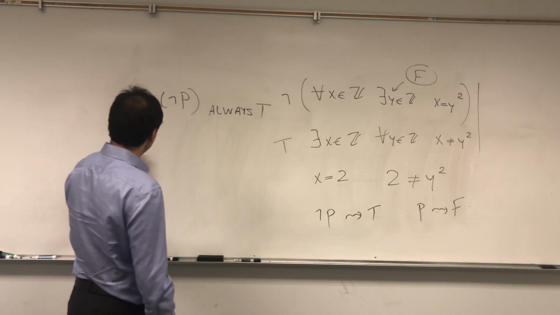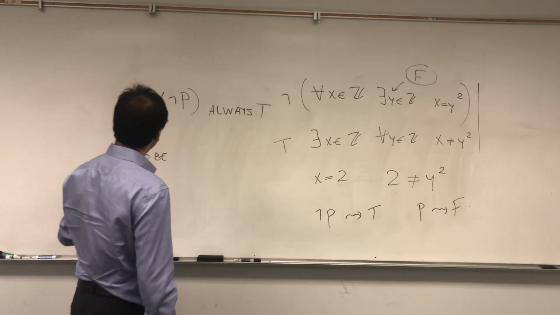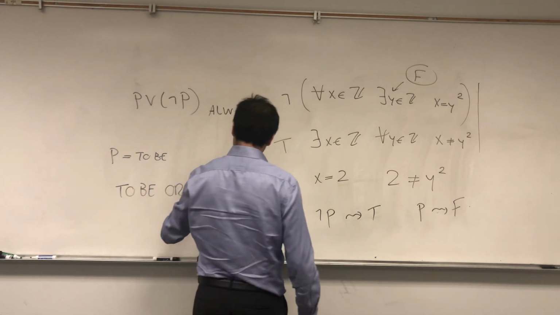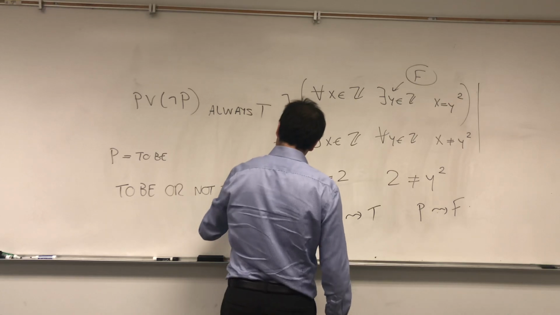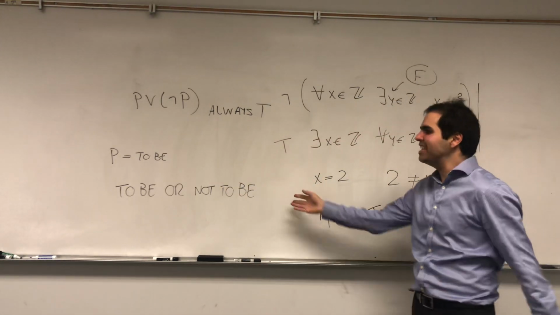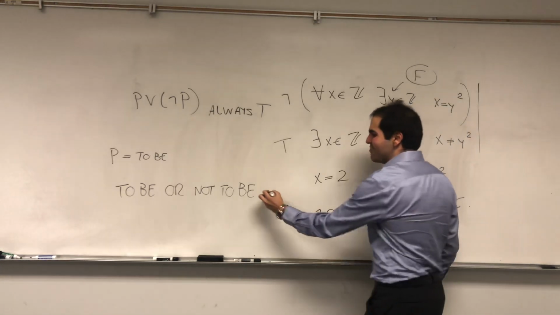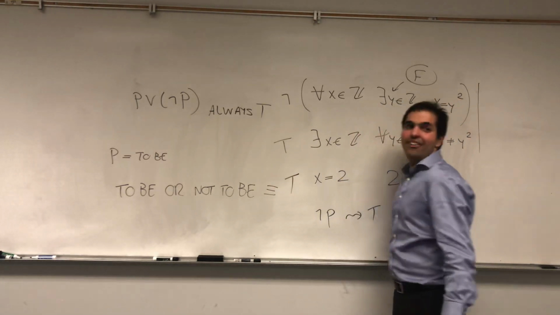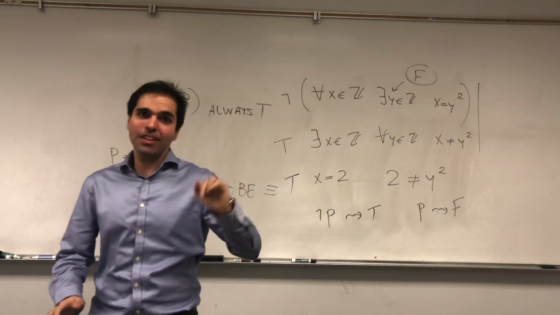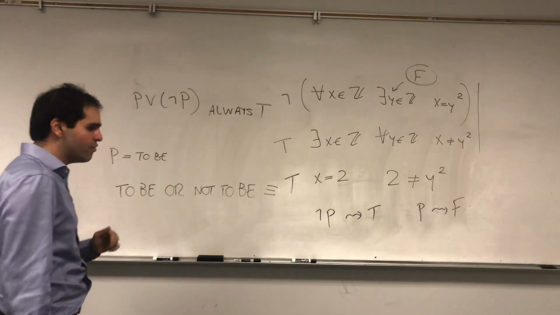Let P be "to be." Then what this becomes is "to be or not to be." So when Hamlet asked "to be or not to be, that is the question," the mathematicians would say "to be." That is the answer. And I'll end with that because I'll do P implies Q in a different video because it's a case apart.